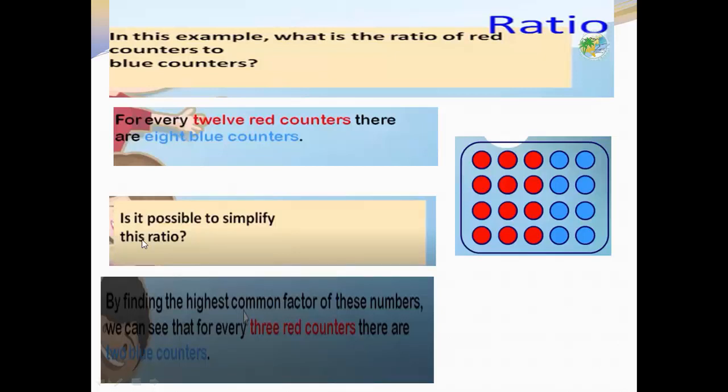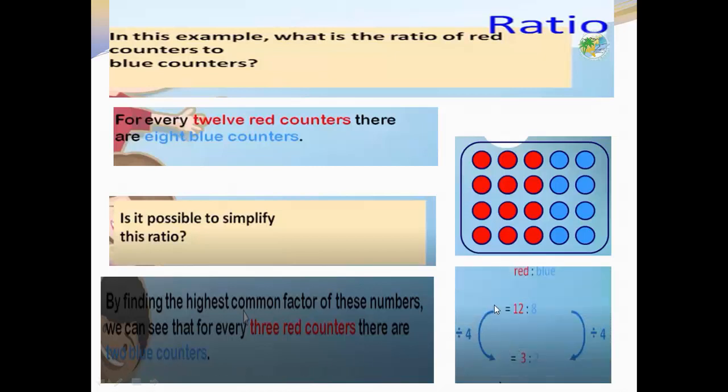Is it possible to simplify this ratio? By finding the highest common factor of their numbers, we can see that for every 3 red counters, there are 2 blue counters. Red to blue, 12 to 8.